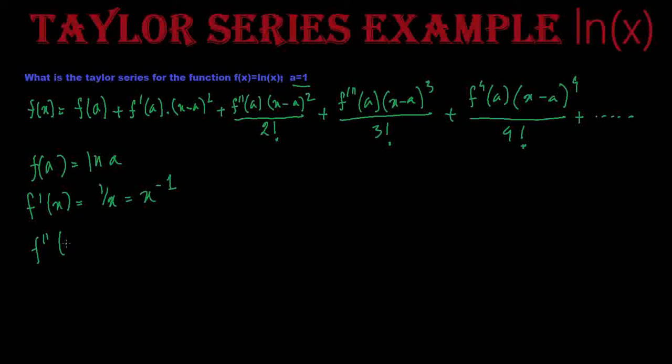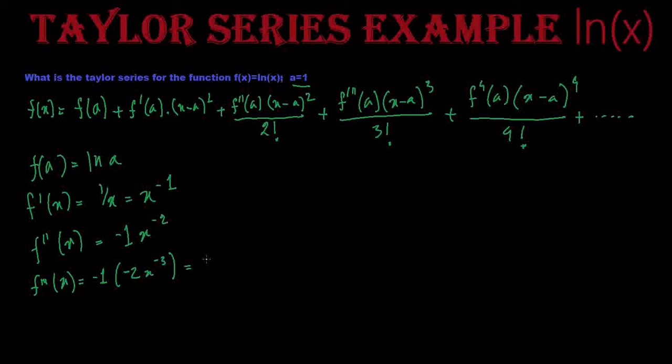f double prime x is going to be minus 1 comes to the front, x to the power minus 1 minus 1, that's going to be minus 2. f triple prime is going to be, we're going to take this minus 1 and we're going to have minus 2 x to the power minus 2 minus 1, that is minus 3.